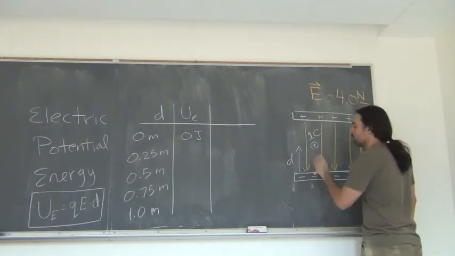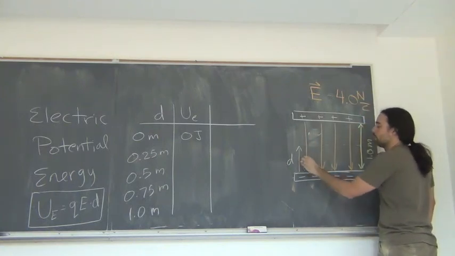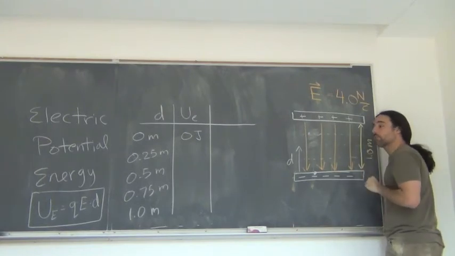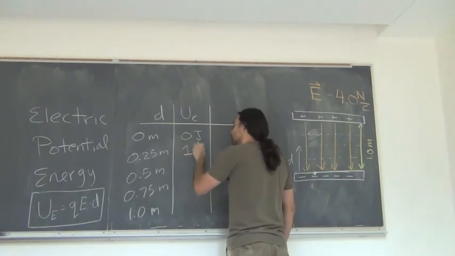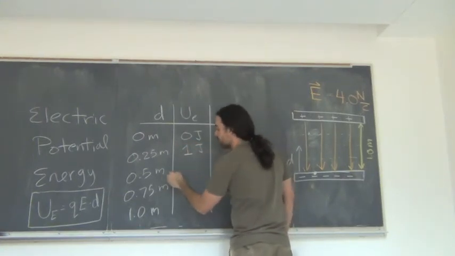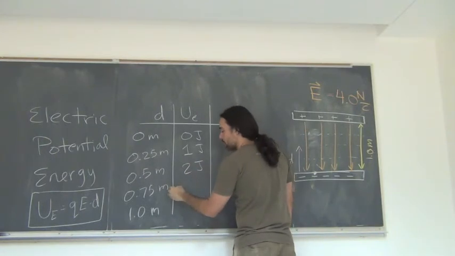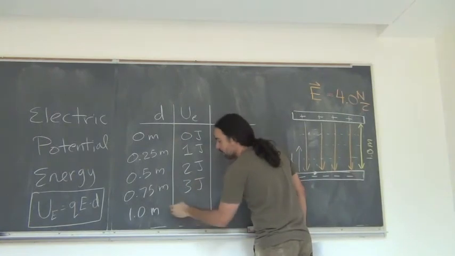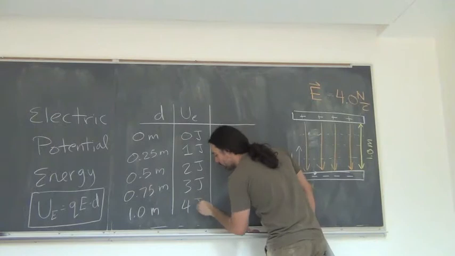And if I move it up to a height of 0.25, that would give you 1 joule of energy. If I move it up to a height of 1/2 of a meter, that would give me 2 joules of energy. Over here, 3/4 of the way up, that would be 3 joules of energy. And if I go all the way up to the top, that would be 4 joules of potential energy.